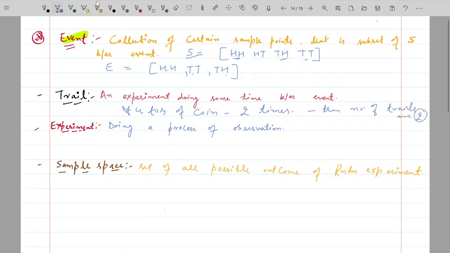Basically it means how many times you are tossing or doing an experiment. That is called a trial.